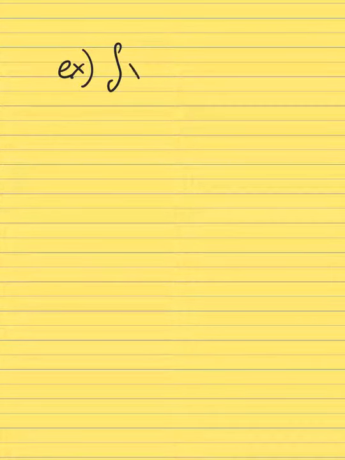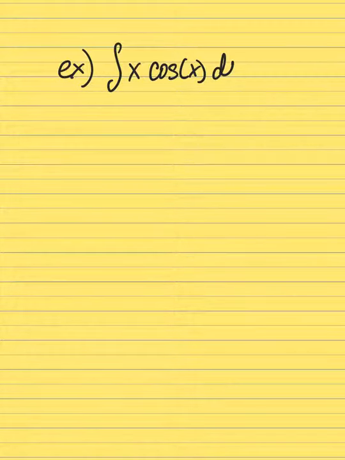So let's say I have the integral of x times the cosine of x dx. Now, as you look at this, you're like, all right, x times cosine of x, I don't know the antiderivative of that on its own. If I separated it, I could, but I don't know the whole thing.